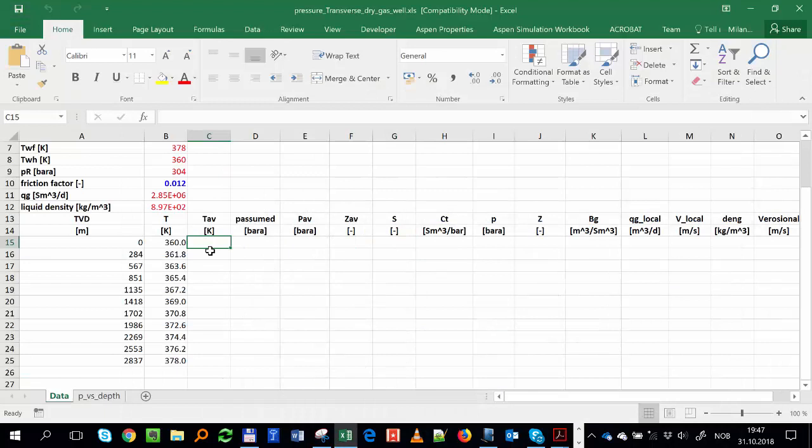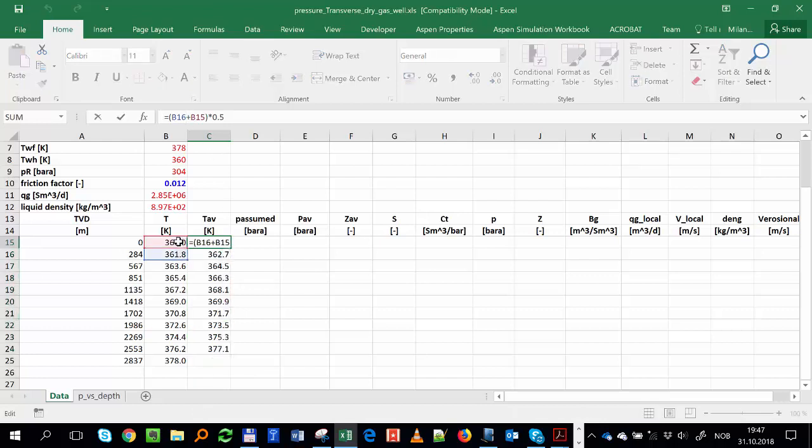The T average will be simply the temperature at the beginning of the segment plus the temperature at the end of the segment, divided by 2, multiplied by 0.5.